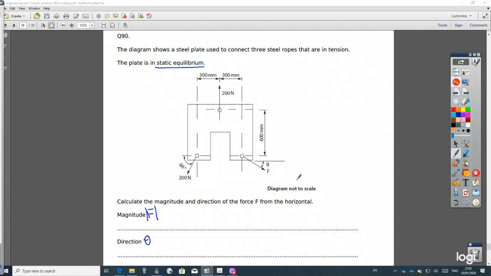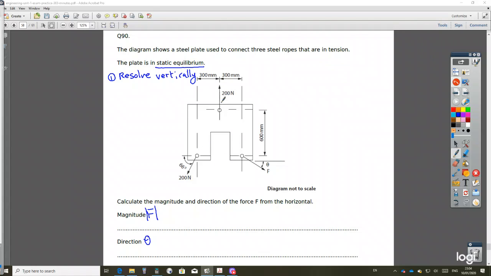Okay, so let's start with, and this is exactly what you need to start off with, by saying resolve vertically all the forces. So you look at each of the forces and find the vertical component.